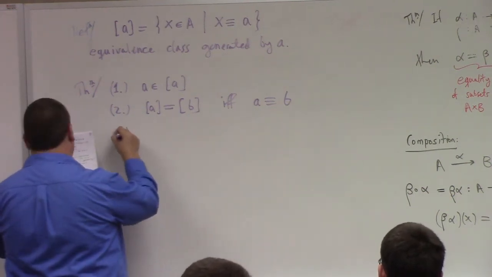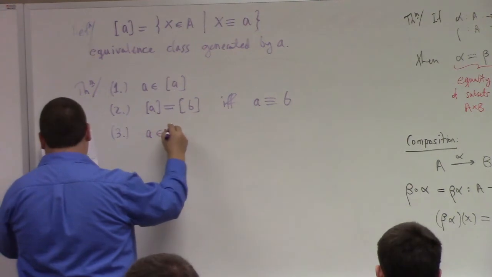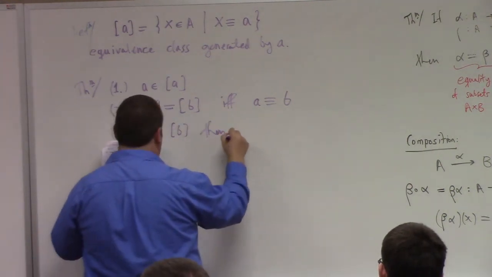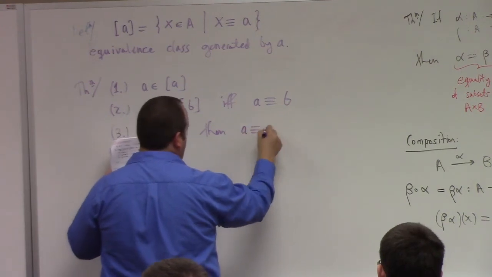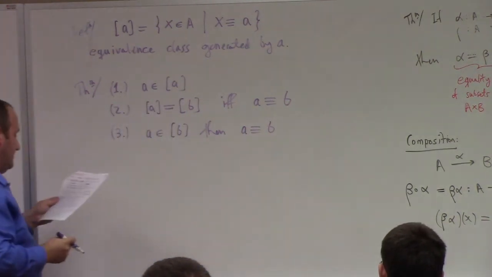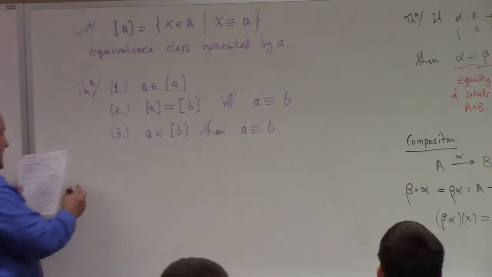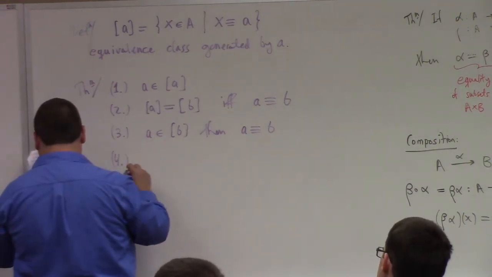Number three, if A is an element of the equivalence class containing B, then A is equivalent to B. It's a little bit different. It's kind of a combination of the first and second one, really. And then four is very exciting.